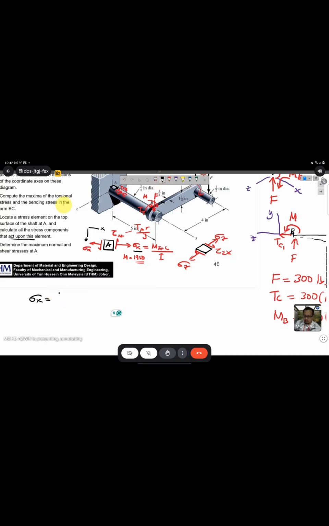So let's say the equation is MC over I. C is D over 2. I is pi D power 4 divided by 64. D and D can cancel each other, so you have D power 3. 2 and 64, we have 32, and 32 you bring at the top. So the final equation will be 32M divided by pi D cube.